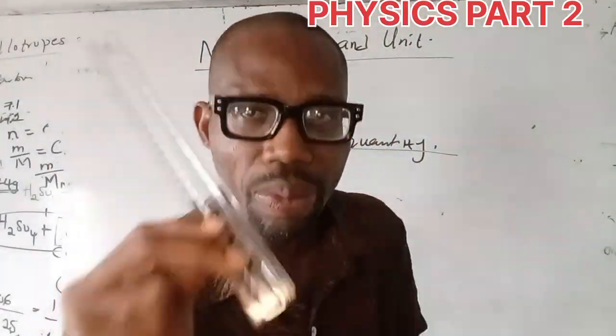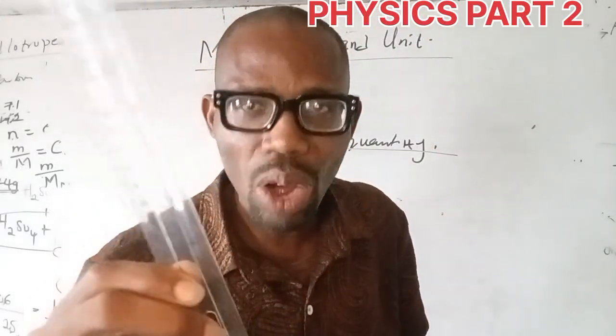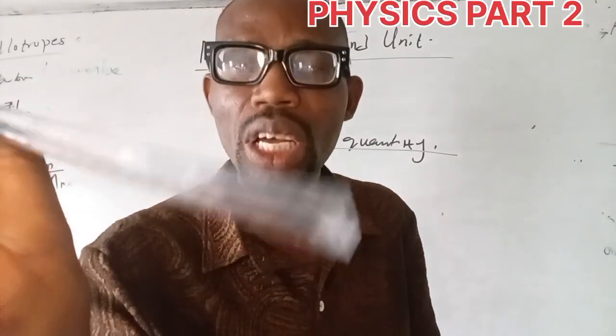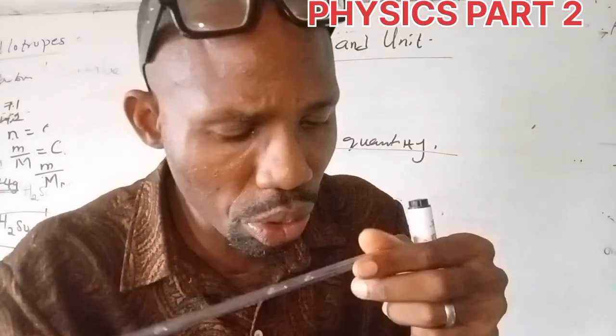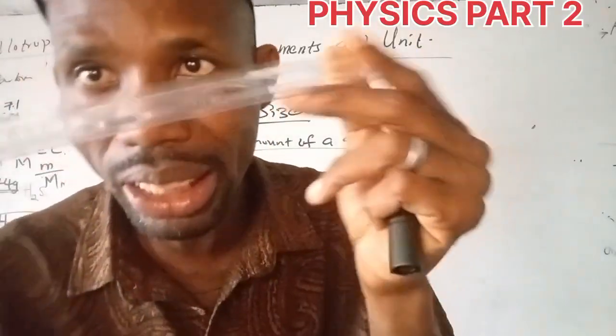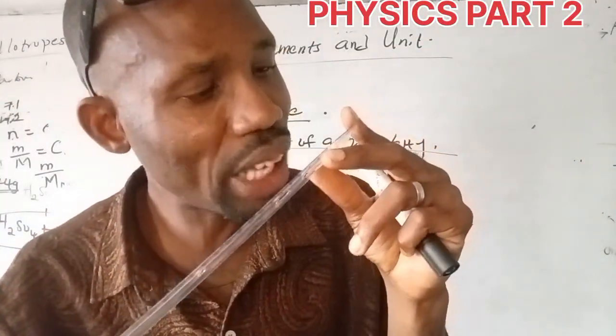But this is already calibrated. Calibration means a measured material with a known reference. So we know that this meter rule is from zero centimeter to 30 centimeter. That's what this one is, 0 to 30 centimeter.